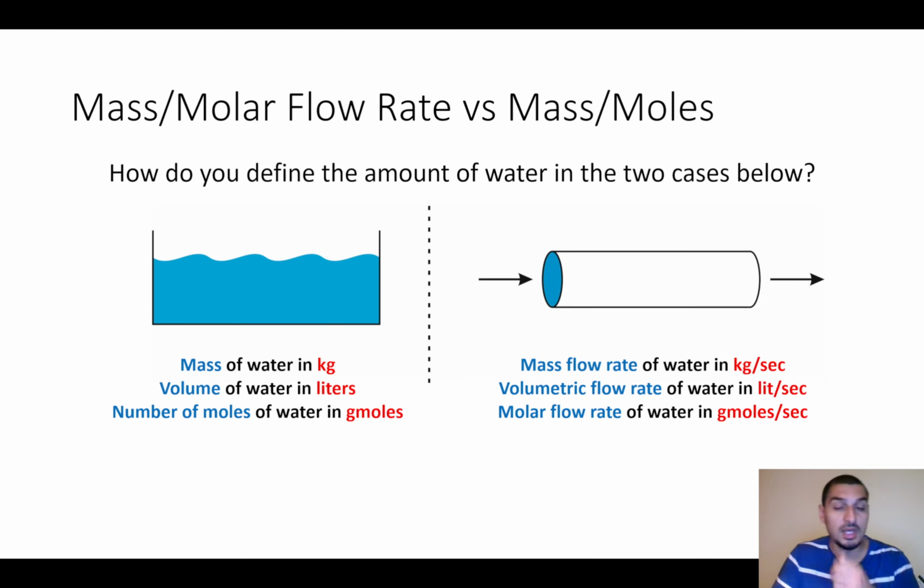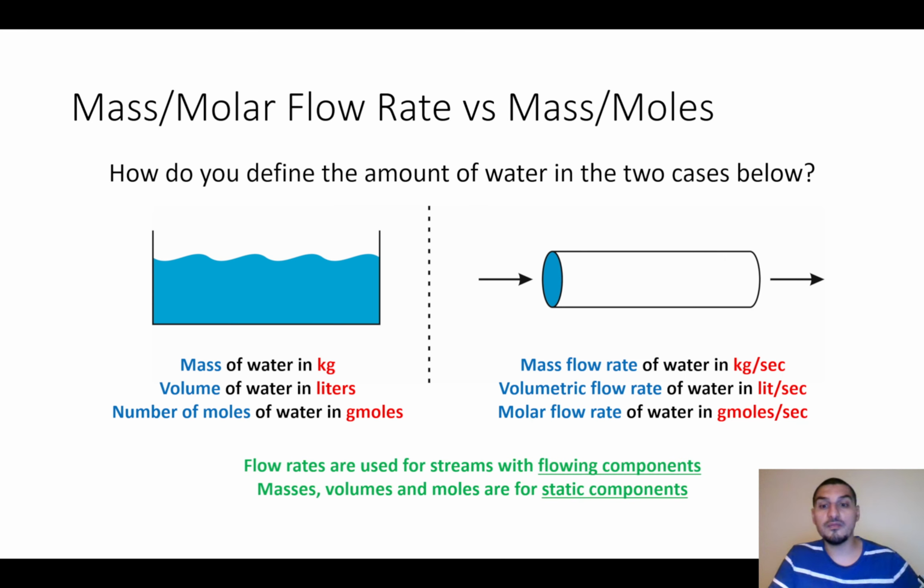It's always flowing. So that's why it is important to know how to define a quantity that's flowing compared to just a static quantity. So the rule here is that the flow rates are used for flow streams that have flowing components. Masses, volumes, and moles are for static components.